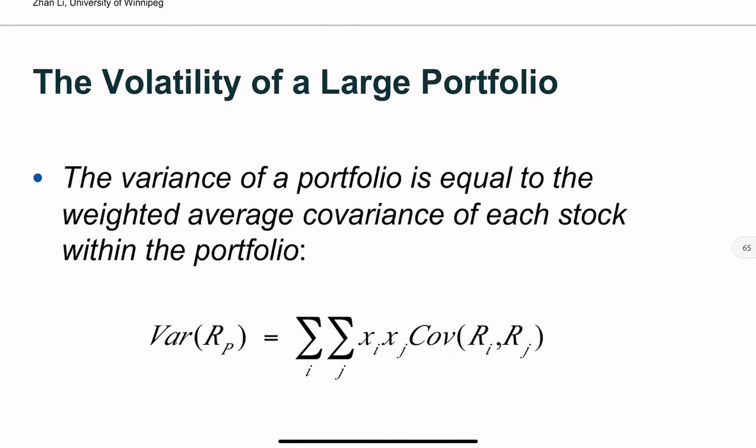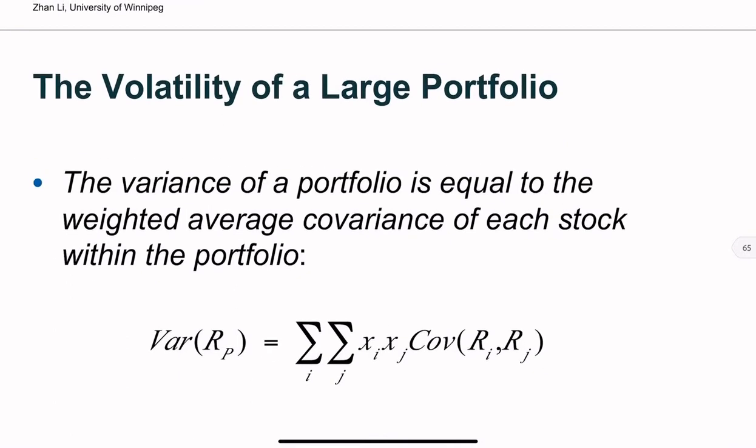Okay, so here we have the volatility of a large portfolio. This section is just optional, right? So it is not required, but you can see how this works. If you have more than 2 stocks, how could you calculate the volatility of this large portfolio?